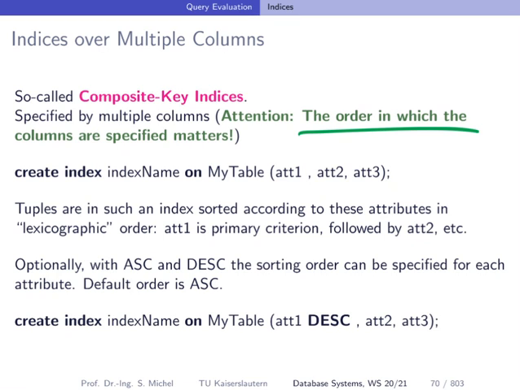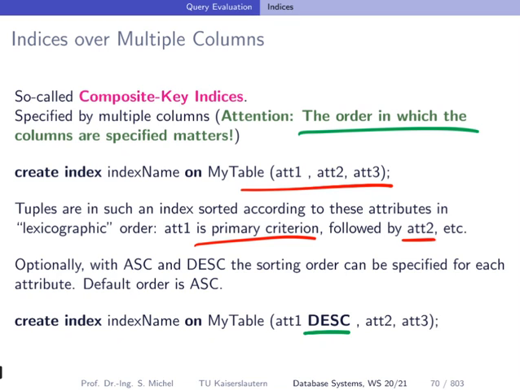So you have an index on 3 attributes, attribute 1, 2, 3, and then attribute 1 is the primary criterion, and then attribute 2 and so on, and we use lexicographic ordering to compare tuples. In addition to naming the attributes we want in the composite index, we can specify ascending and descending. We can also do this for non-composite indices by specifying it after the name of the attribute.